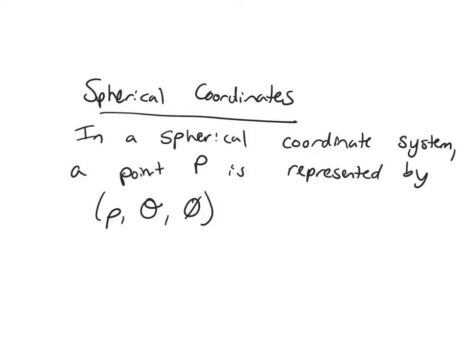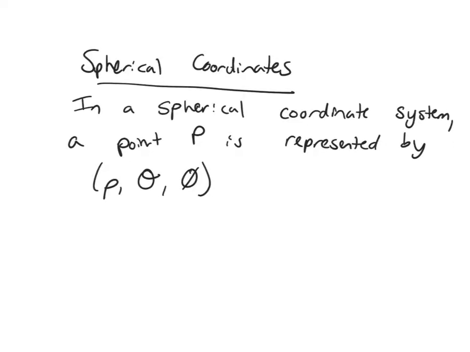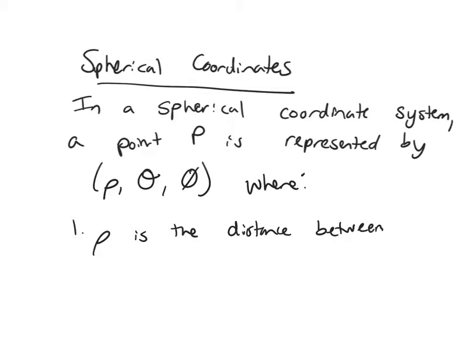Those are all Greek letters, where rho is the distance between P, your point, and the origin.